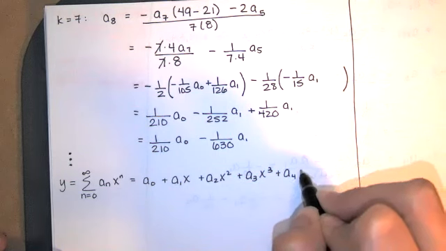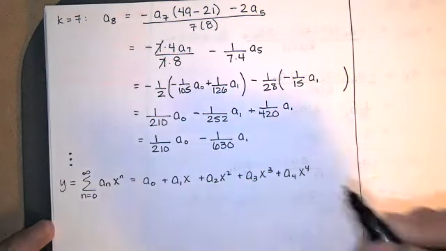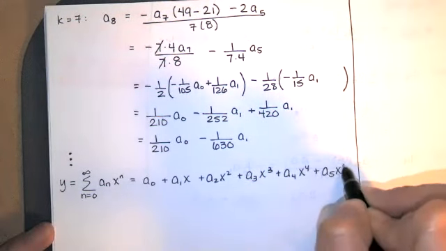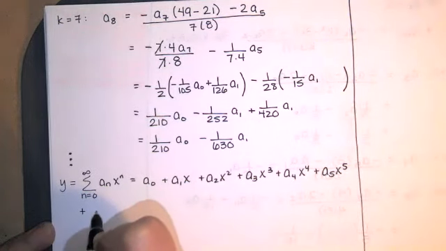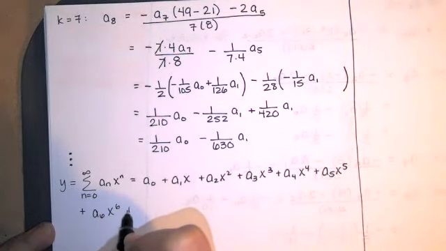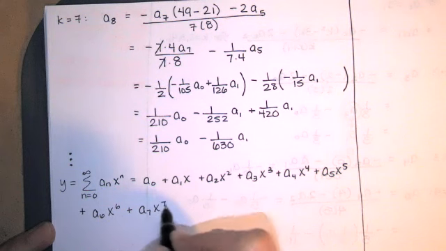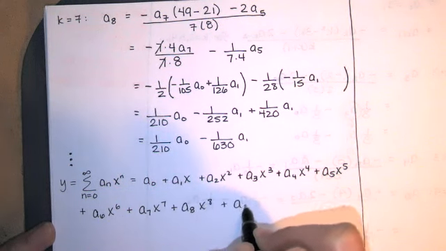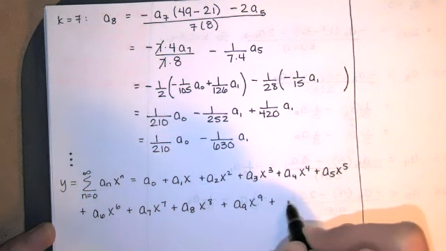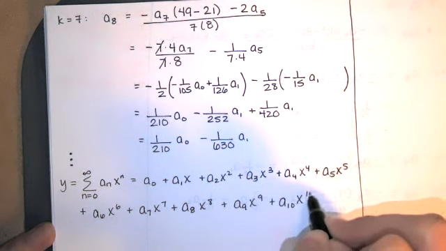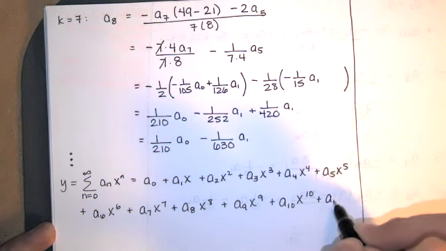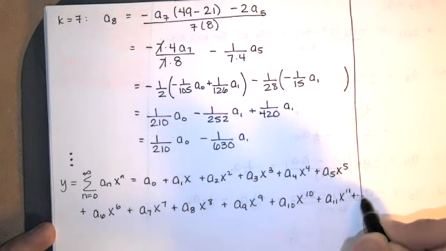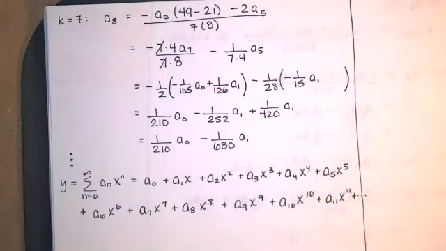So I'll have x to the 4th times a sub 4 plus a sub 5 times x to the 5th plus a sub 6 times x to the 6th plus a sub 7 times x to the 7th plus a sub 8 times x to the 8th plus a sub 9 times x to the 9th plus a sub 10 times x to the 10th plus a sub 11 times x to the 11th, and you could just keep going. Okay.